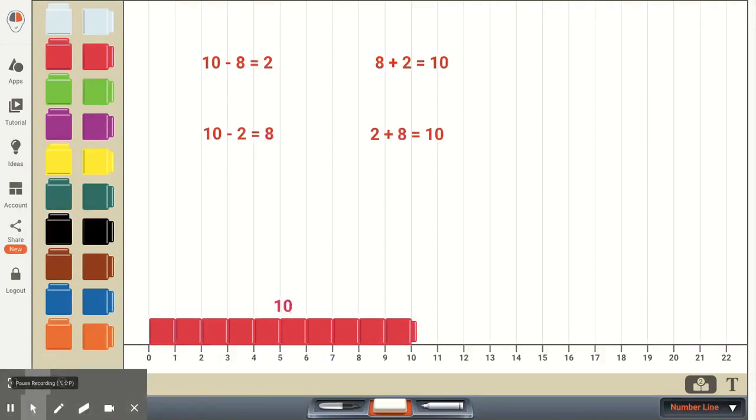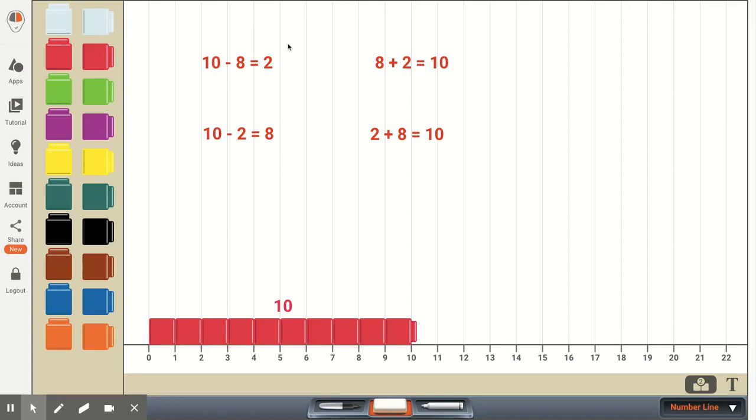So what we've created here using the numbers 2, 8, and 10 are what the first graders may be calling their fact family. So these are creating equations, addition equations and subtraction equations, that are related to one another.